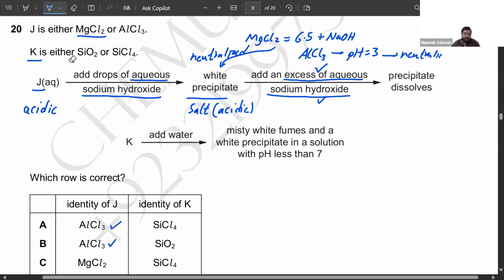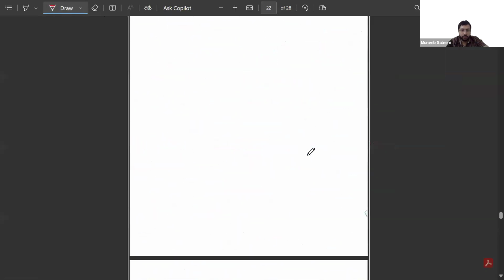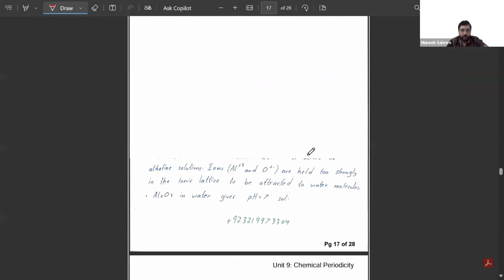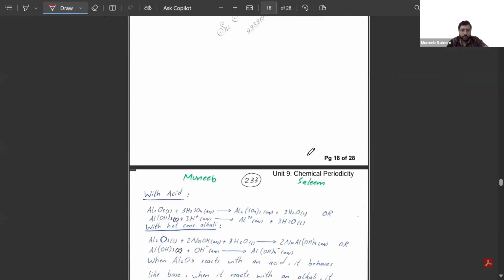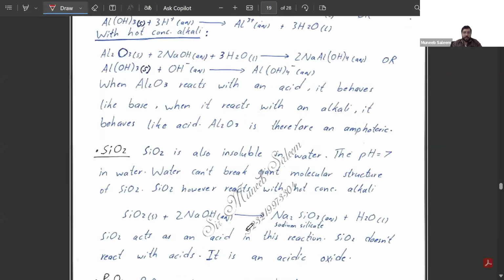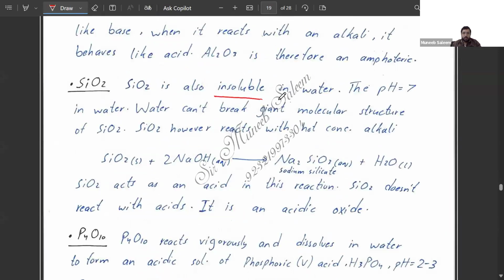And about K, K says it is either SiO2 or SiCl4. Now the information provided is misty white fumes and a white precipitate in a solution with pH less than 7. Okay, if we check the reaction of SiO2 with water, I can show you again from my notes. If we add SiO2 into water, it is insoluble. It does not dissolve in water and the pH remains 7.